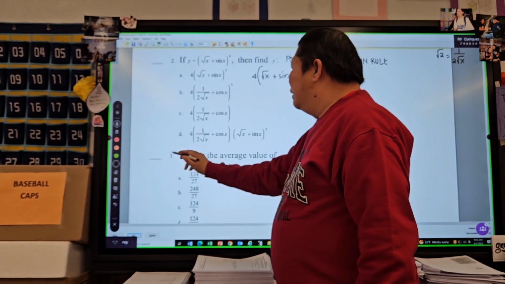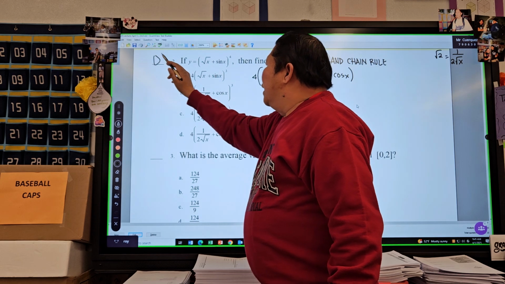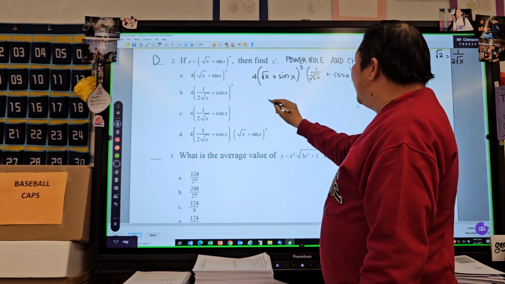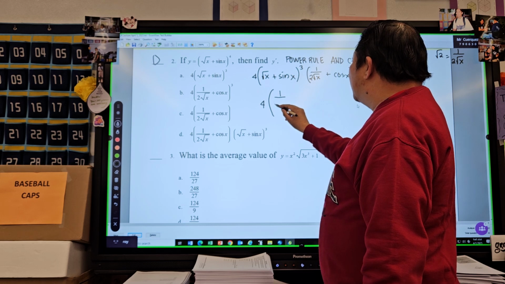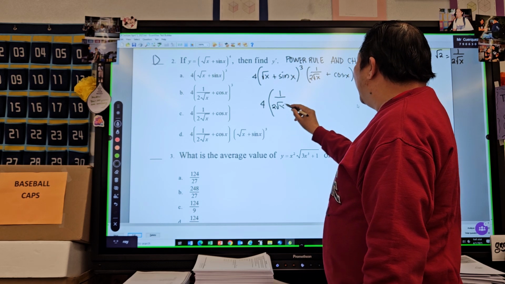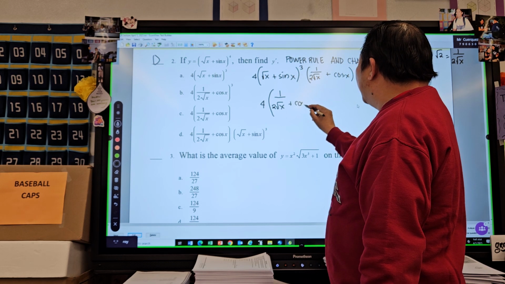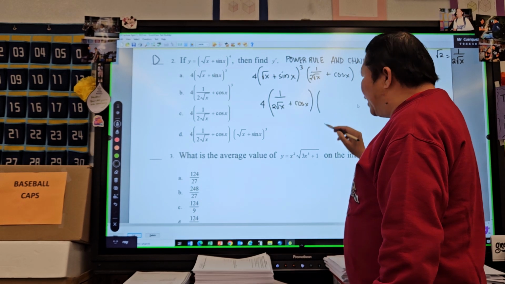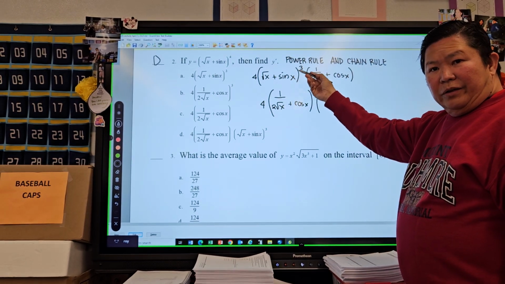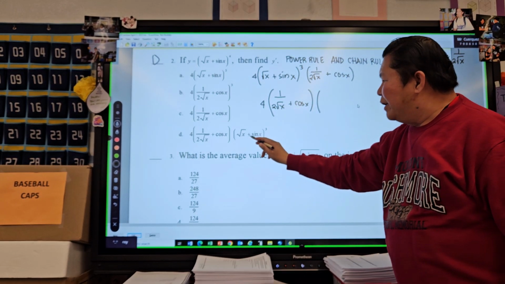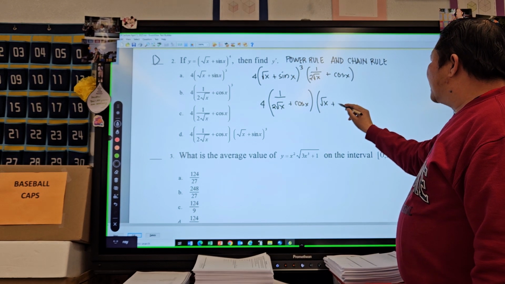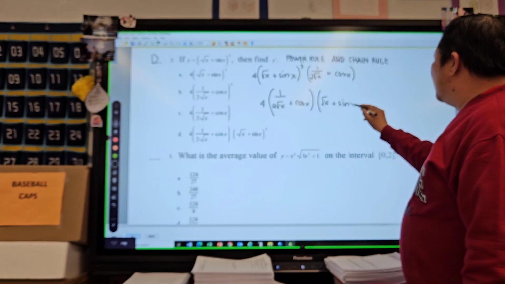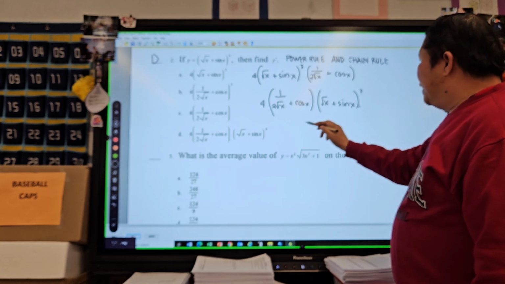Letter D. Because letter D is written as 1 over 2 square root of x plus cosine x, and then times this one to the power of 3, which is right here, the square root of x plus sine x to the power of 3.